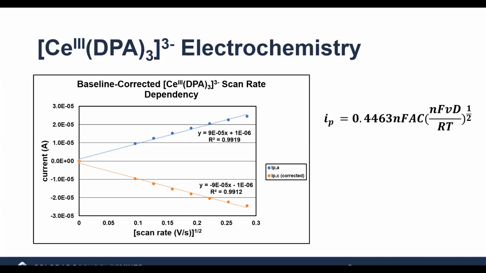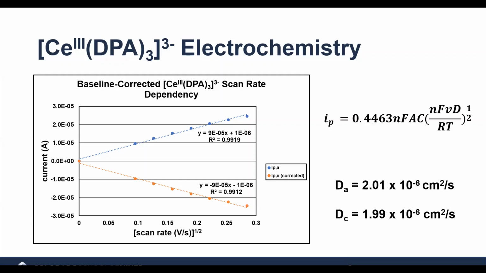In addition to the scan rate dependency, I was able to extract a diffusion coefficient, which is a measure of the mass transfer of the complex in solution to the surface of the electrode.